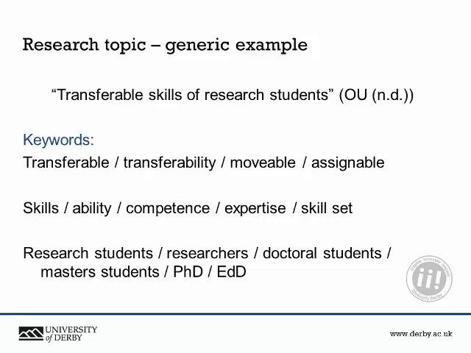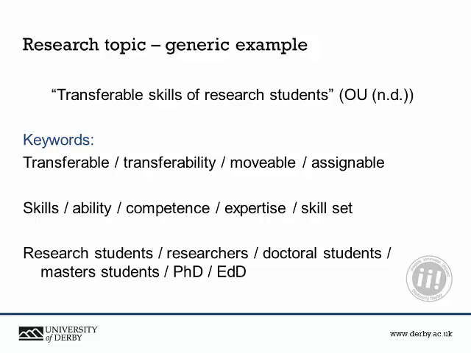You could also look at the alternative keywords listed here, such as transferability, movable, assignable, ability, competence, expertise, researchers, PhD, EdD, and so on. It's not just individual keywords that you can look for either.